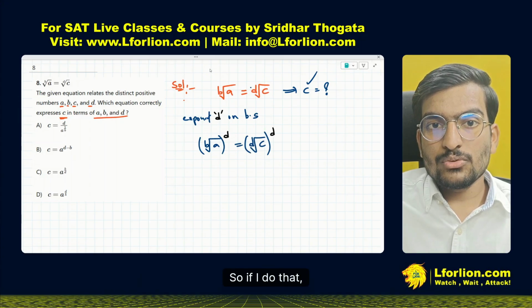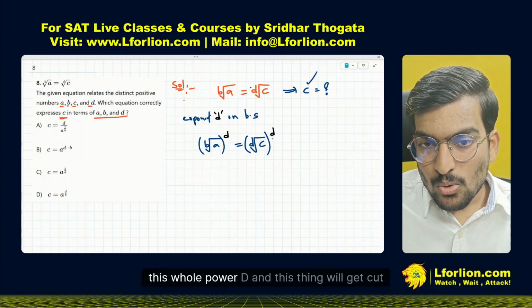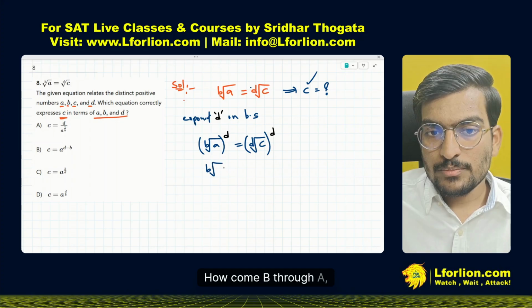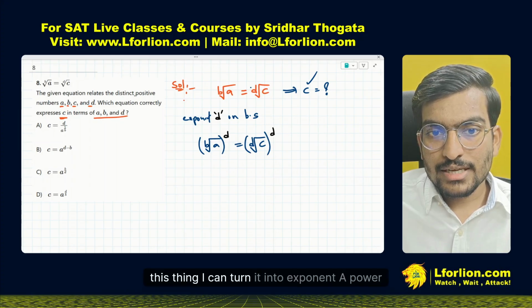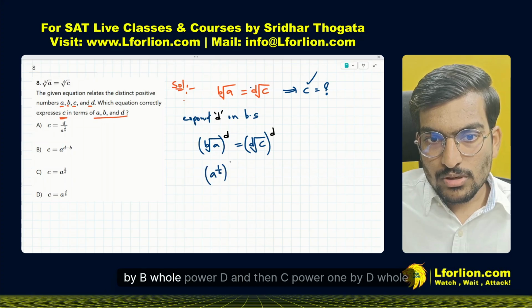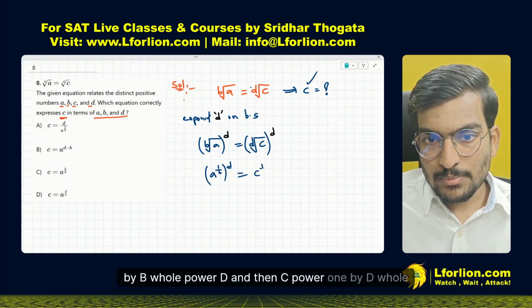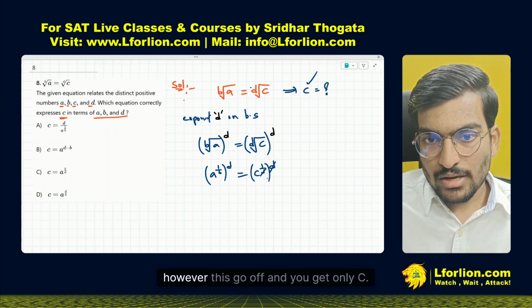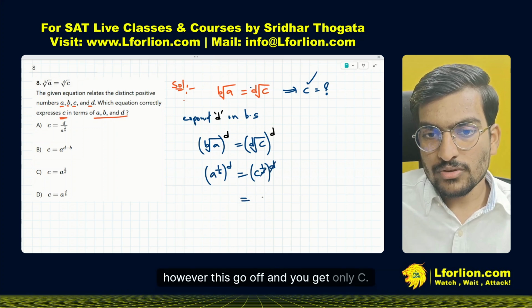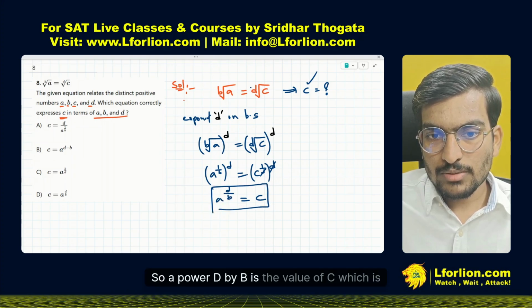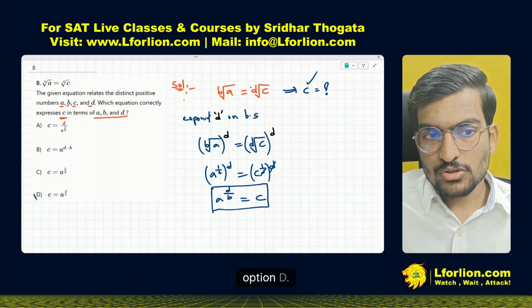So this whole power d and this thing will get cut off. Bth root of a, I can turn it into a power 1 by b whole power d, and then c power 1 by d whole power d. So if you multiply, this goes off and you get only c. So the value is a power d by b, which is the value of c, option D.